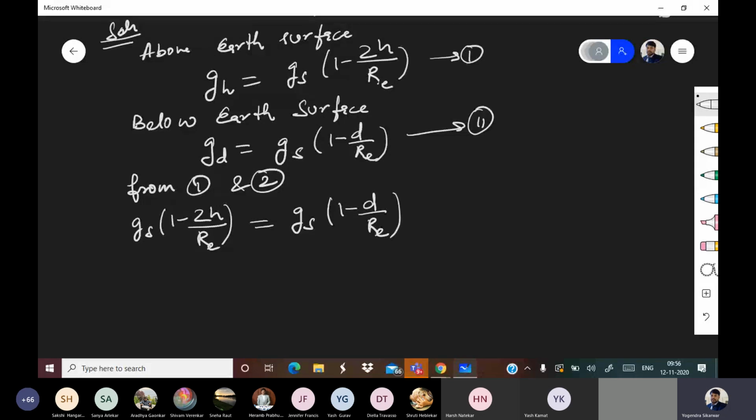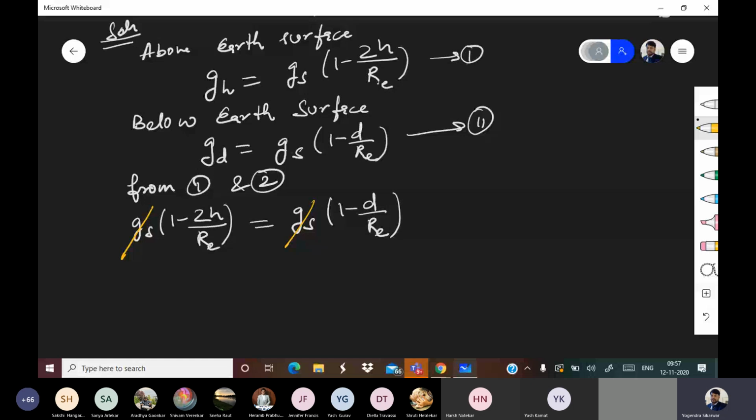It is given in the question that the value at height and the value at some depth are the same. G_s got cancelled. That is why, when someone asked what value to take, I said take whatever value you want, because G_s was going to get cancelled.